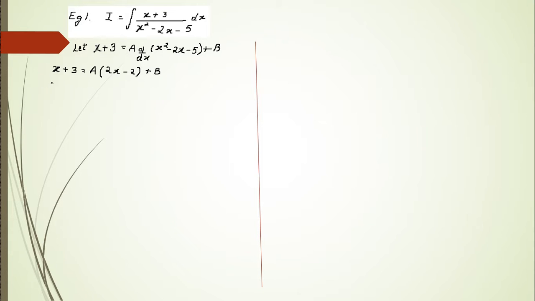Therefore, x plus 3 is equal to 2a into x minus 2a plus b. So now we will compare the coefficients of x and the constant terms on both the sides.